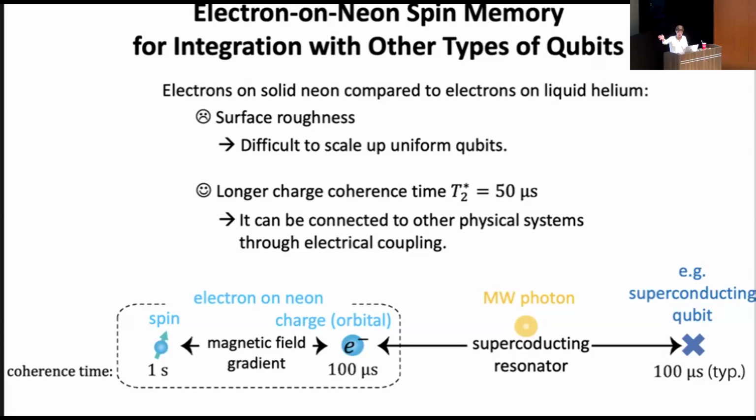Additionally, the charge state and the spin state can be coupled by introducing a magnetic field gradient. So in the end, we can realize the coherent transfer of the qubit state between the superconducting qubit and the spin state of the electron on neon. So this is how we would like to realize a spin memory for the superconducting qubit using the electron spin state on solid neon.